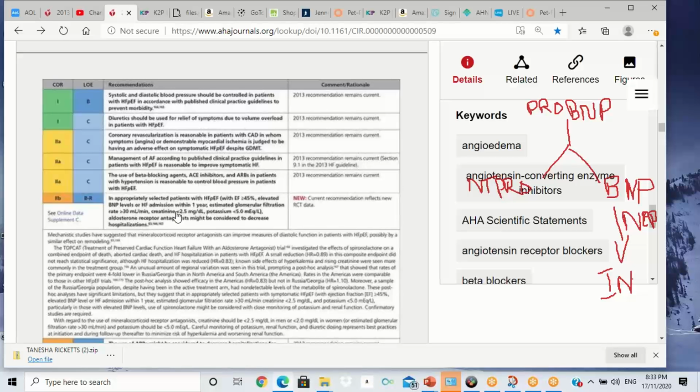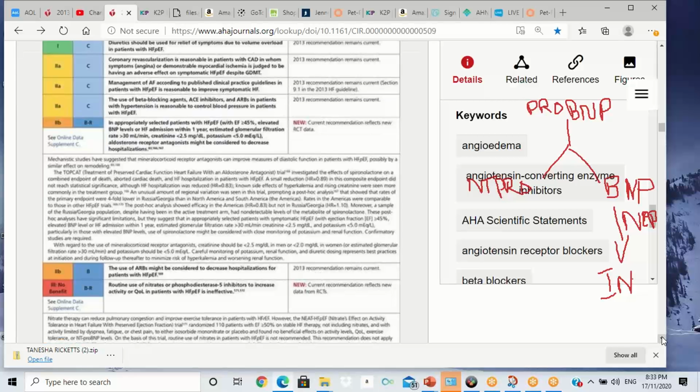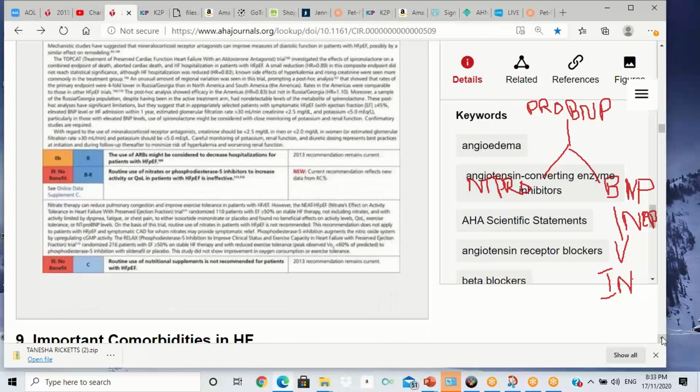You want to make sure that your GFR is greater than 30, creatinine is less than 2.5, potassium less than 5. Okay, so you know that's important, and you have to know the schedule. You have to get a BNP at 3 days, 1 week, 1 month.